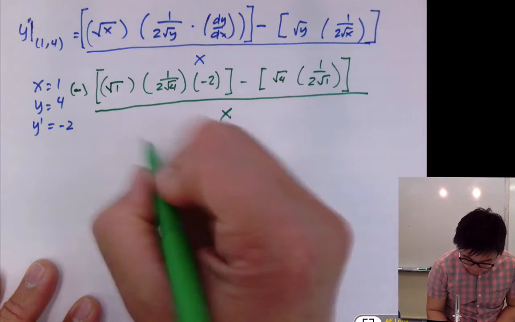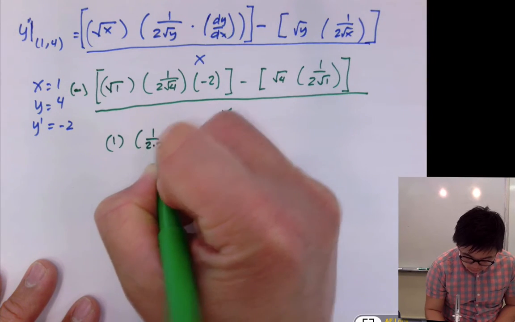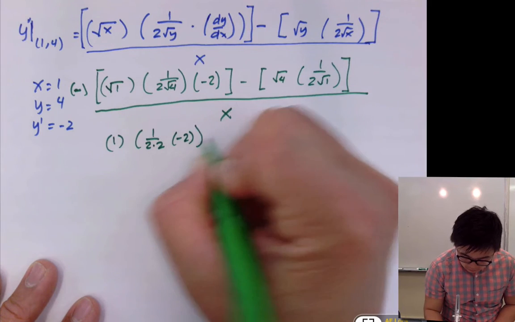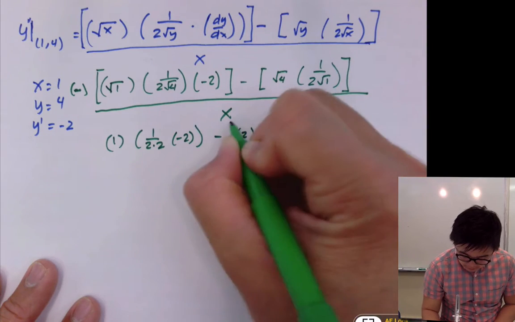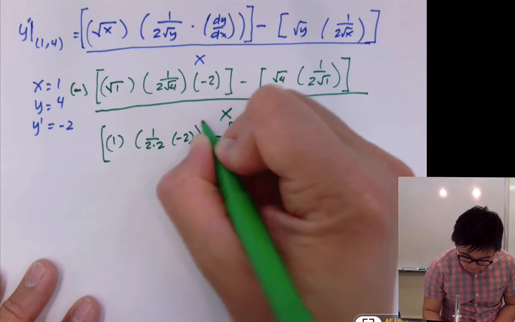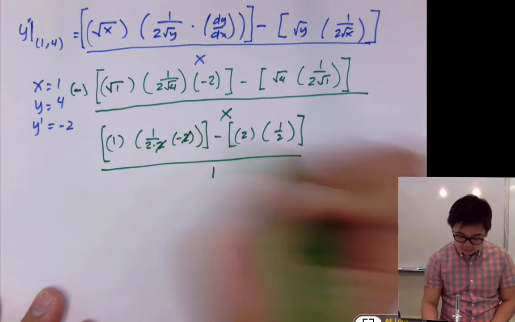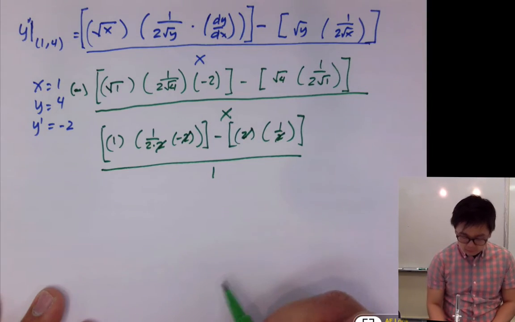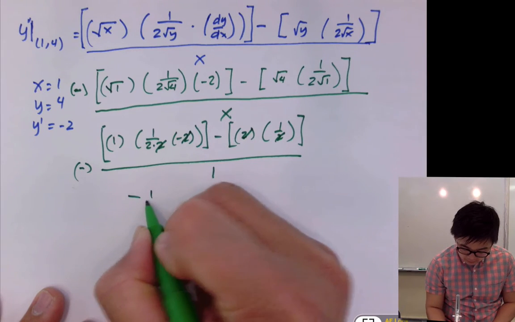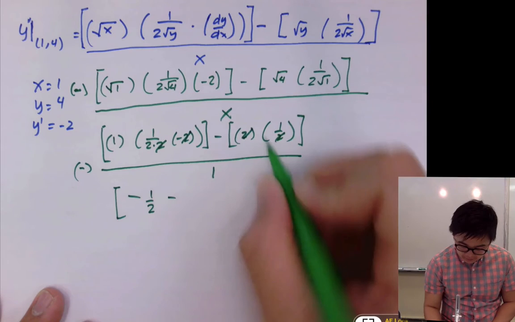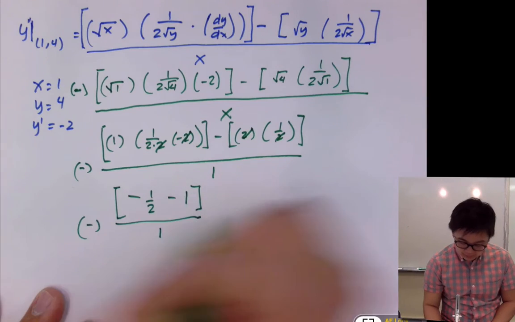So simplifying it, we'll have 1 times 1 all over 2 times 2 minus 2 times 1/2. And by simplifying this all over 1, by cancellation, we can cancel this, this, this, and this, and we are left with negative 1/2 minus 1 all over 1, and we know that this is negative.